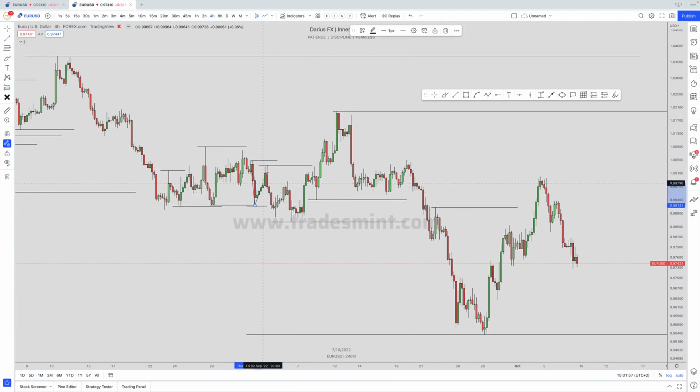So here just move down, move up, move down, move up, move down, and so on, right? So you can see pretty clearly what structure is in reality telling us. The lower your time frame is, the lower time frames will of course always start giving you the first indication that you got your break.